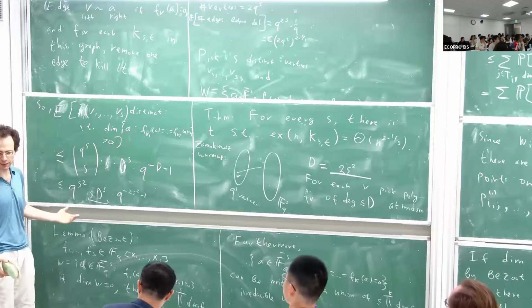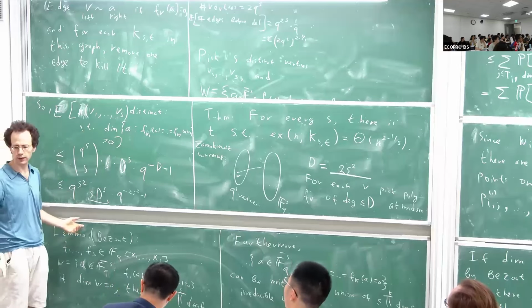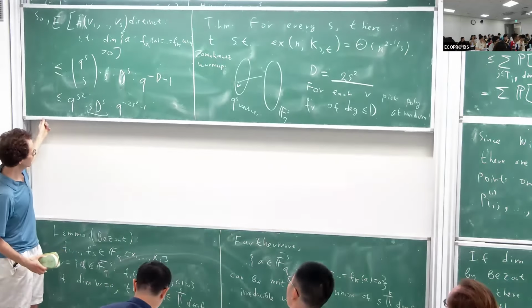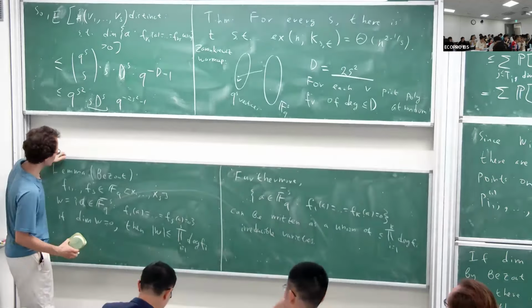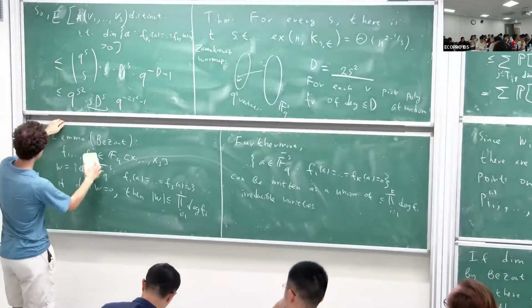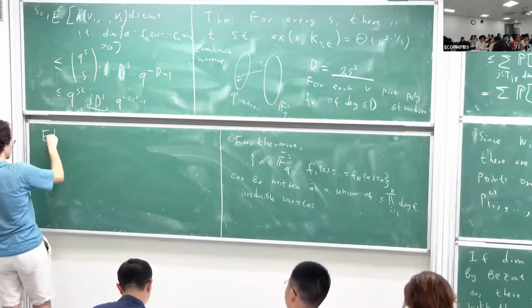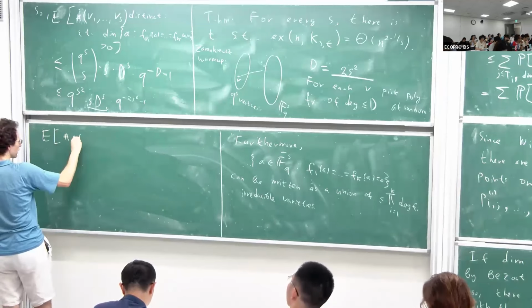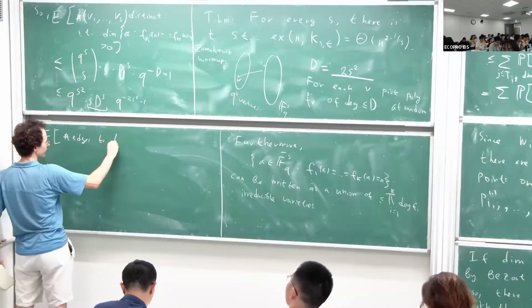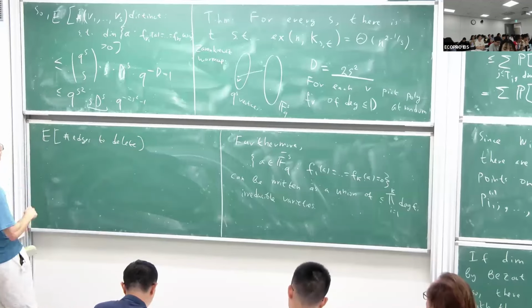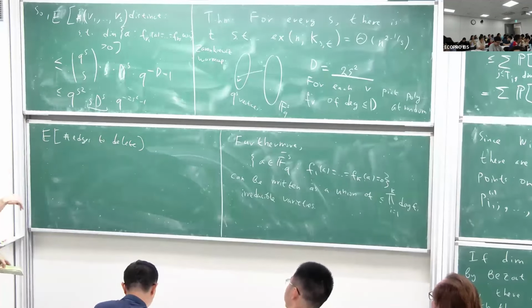But it's not that many. I just need to multiply by Q to the S. I can just basically take one of the vertices of this S tuple and delete all the edges emanating from that vertex, for example.